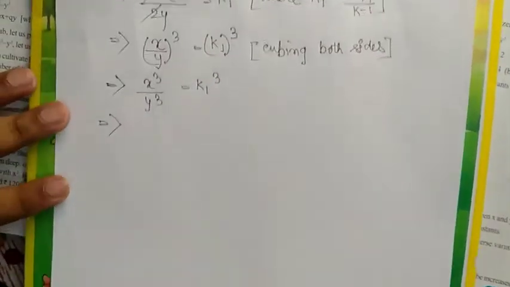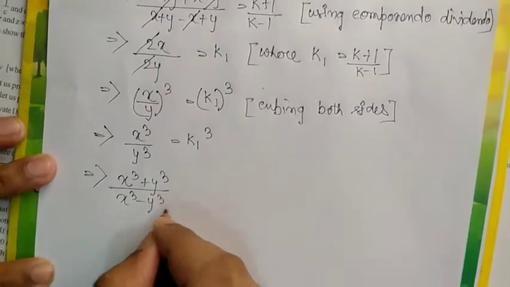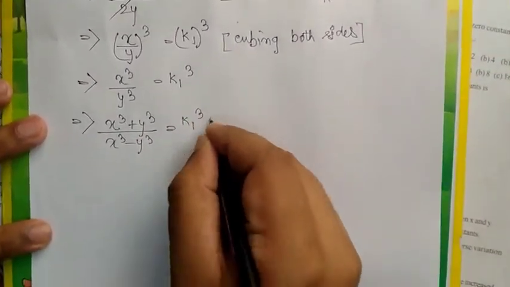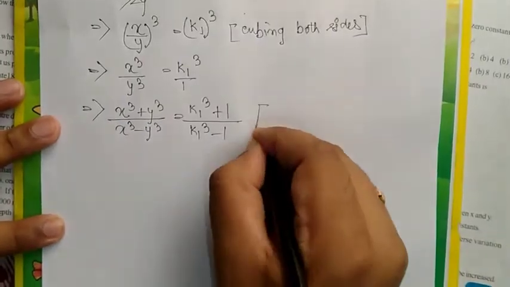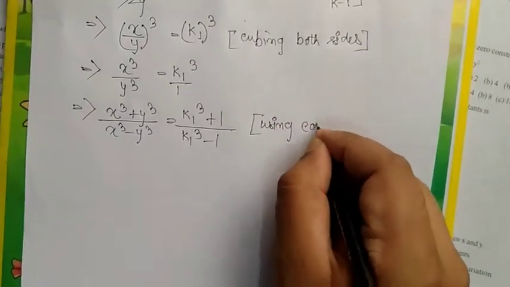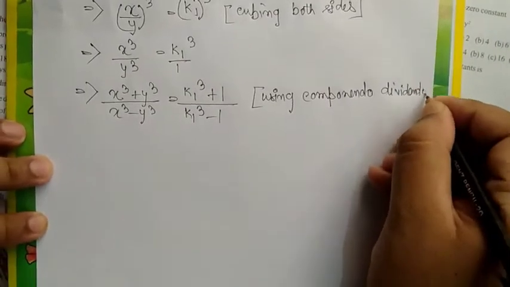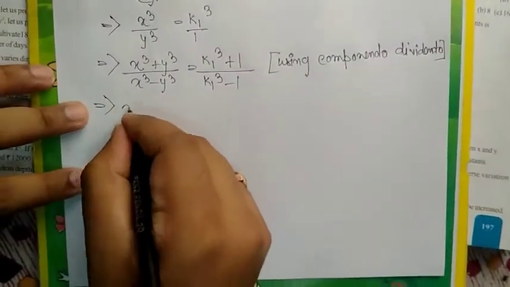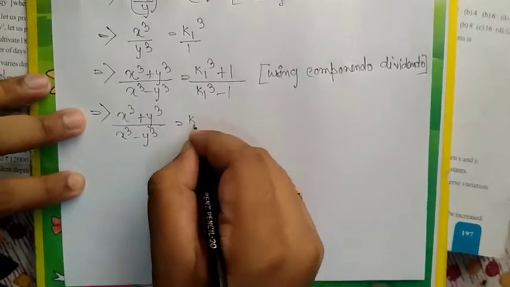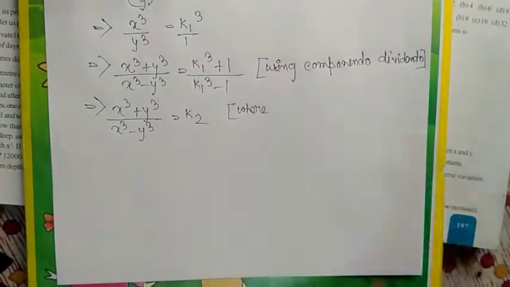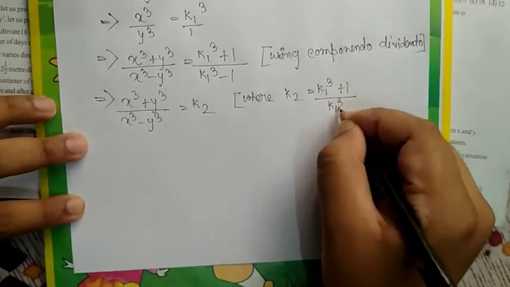Now after that, again using componendo dividendo, we get x cube plus y cube by x cube minus y cube equal to k2, where k2 equal to k1 cube plus 1 by k1 cube minus 1.